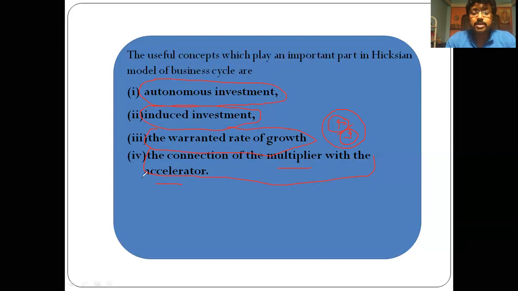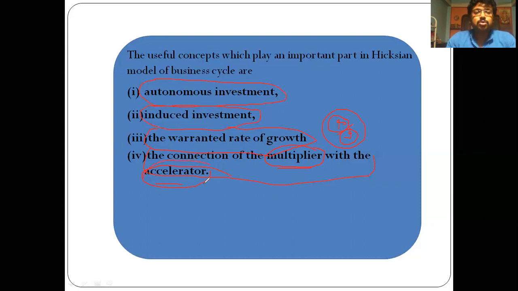And when there is an increase in induced investment, income will increase through the accelerator. This is the difference between the multiplier and accelerator. Through the multiplier, income is generated, and that income increases the induced investment, and that investment again increases the income through the accelerator.